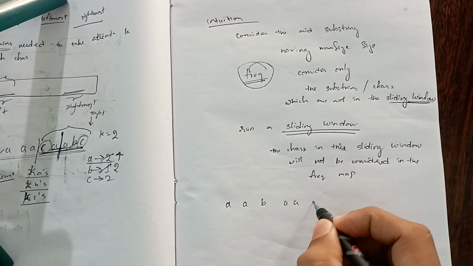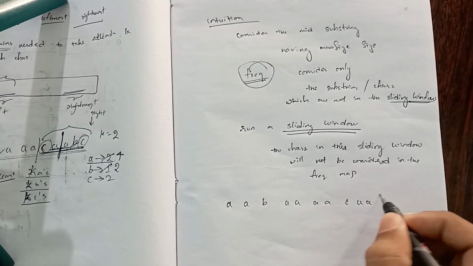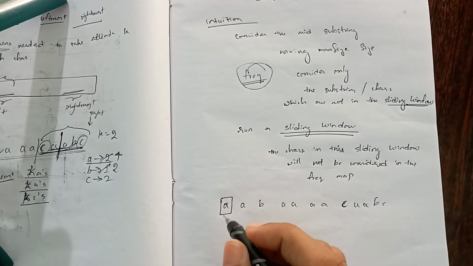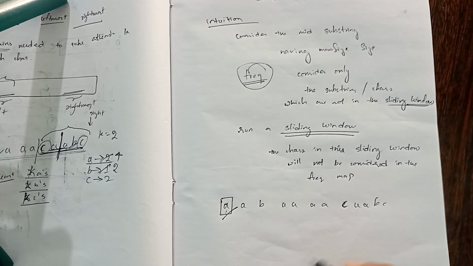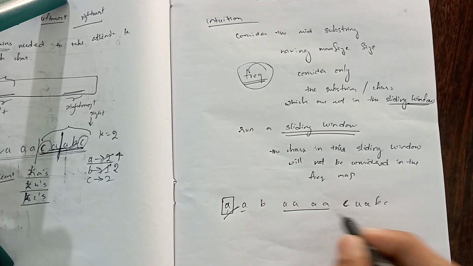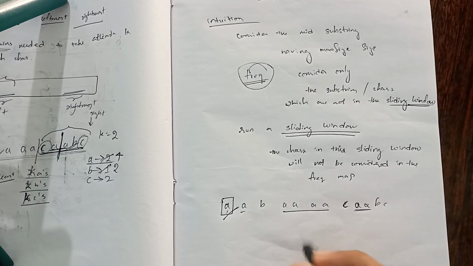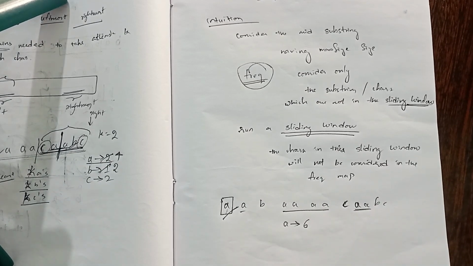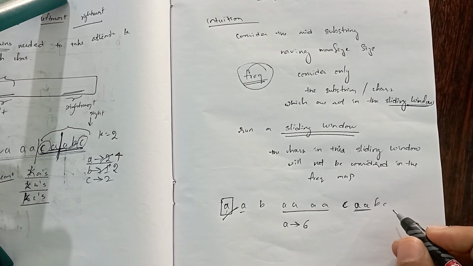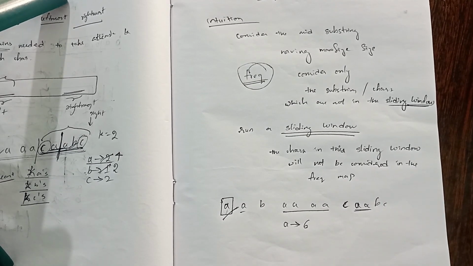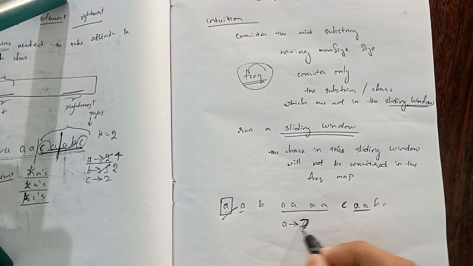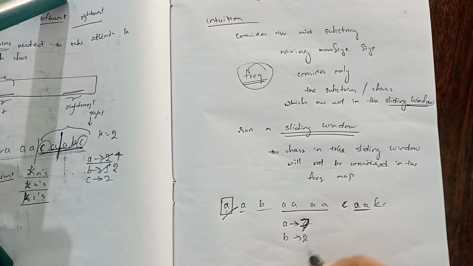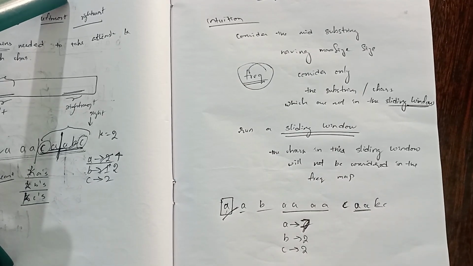A b a c b c. If we consider this as the sliding window, then we have the character frequency as a for 7 times, b for 2 times, and c for 2 times.